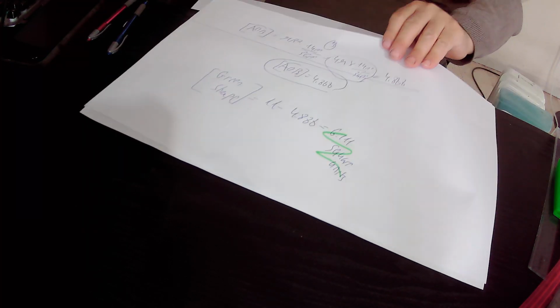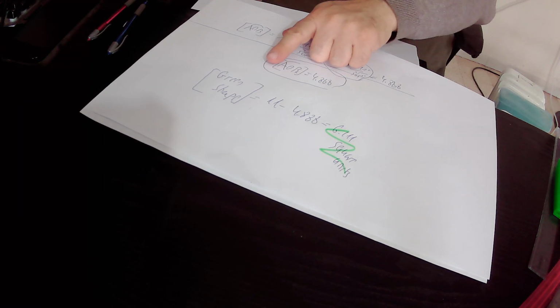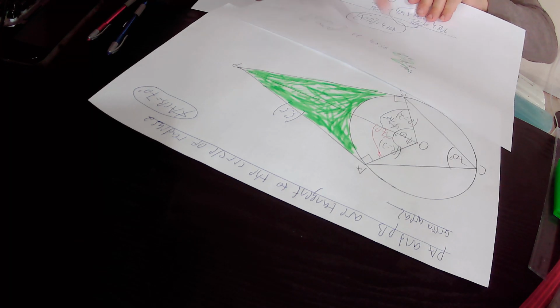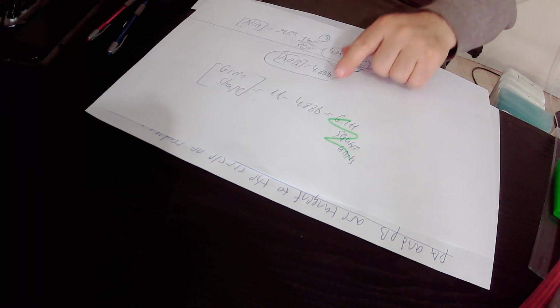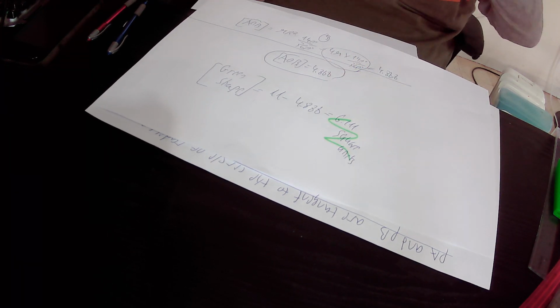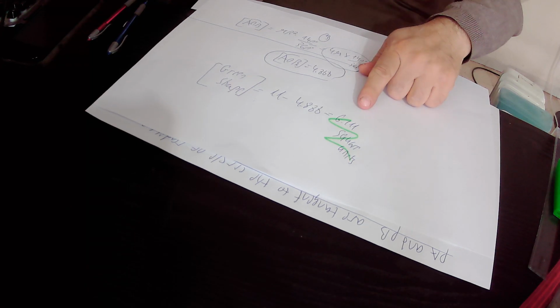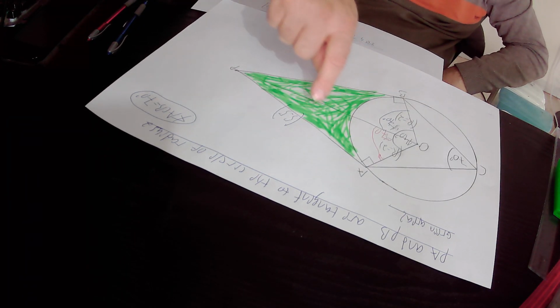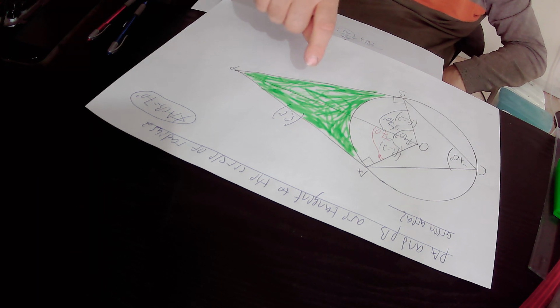The area of the green shape equals 11 square units minus 4.888 square units. 11 minus 4.888 is 6.111 square units. In conclusion, the area of this green shape equals 6.111 square units.